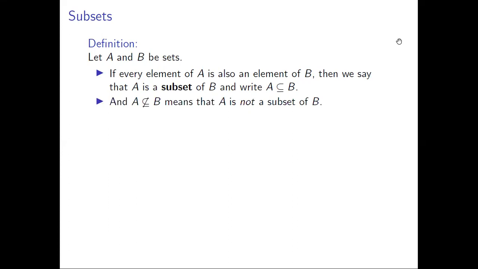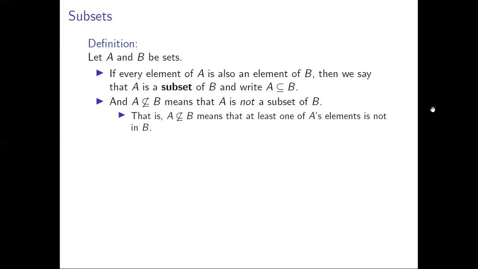And the symbol for A is not a subset of B means that A is not a subset of B. What does that really mean? In English, it means that at least one of A's elements is not in B. Why?